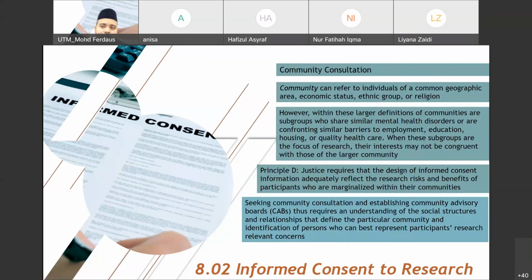In other words, say we are from Malaysia and we want to conduct research in Vietnam. We need to consult their community for advice on what the taboos are, what the do's and don'ts are when we conduct or collect data in their community. So we need to seek advice from their community as well.